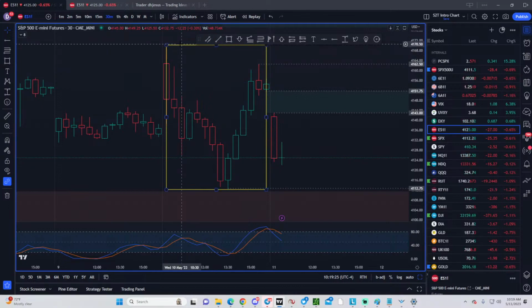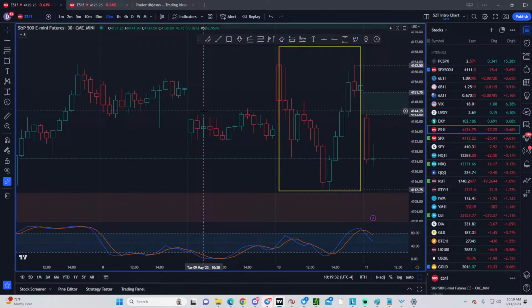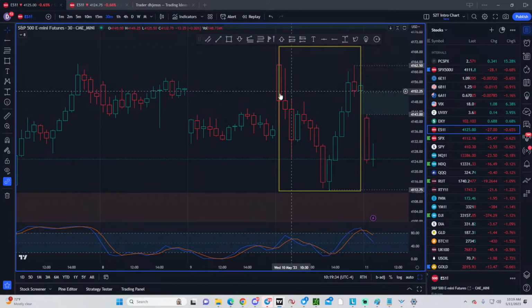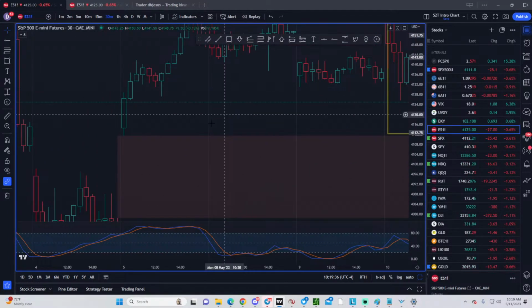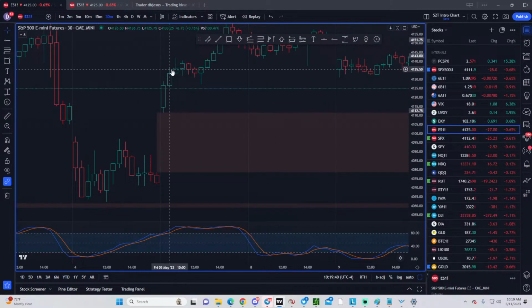All right. So let's try to find what we'll call a true gap. There's a gap here, and that gap has been filled, so this indicator doesn't extend it. There's a gap here that started on Friday. This is the session from Friday.